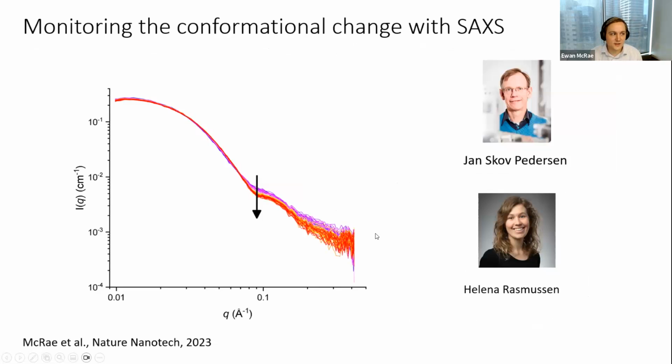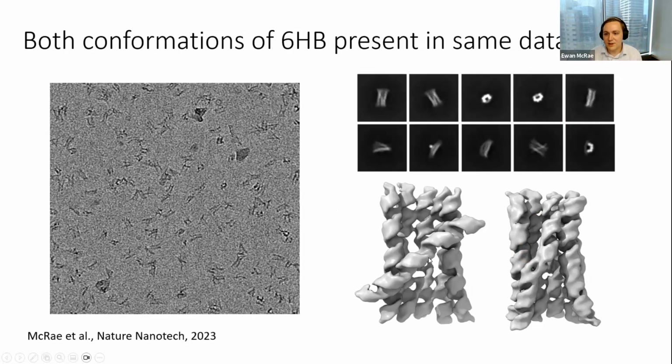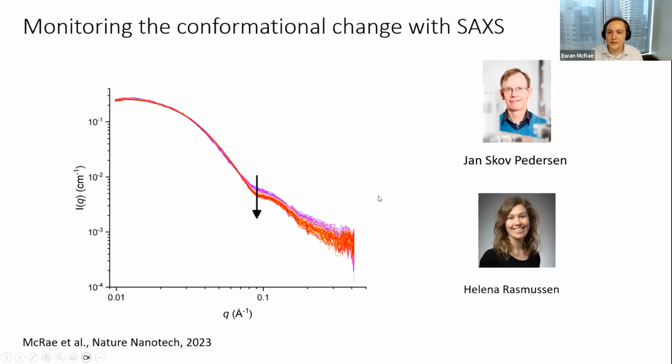Then we thought, since this is such a large conformational change, maybe we can observe this with small angle X-ray scattering. So I purified some more fresh 6-helix bundle and handed it to the SAXS experts at iNano, Jan and his student Helena. And Helena measured the RNA in 15-minute data collection windows overnight. What we saw was a decrease in the high angle scattering over time.